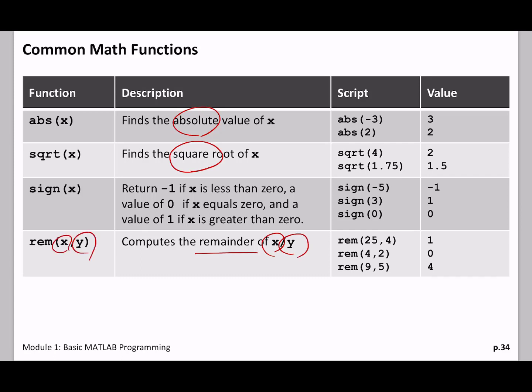For instance, 25 divided by 4 is 6, and the remainder is 1, right? What about 4 and 2? Remainder is 0, right? That's easy, right?